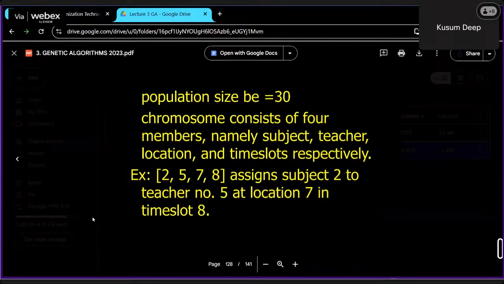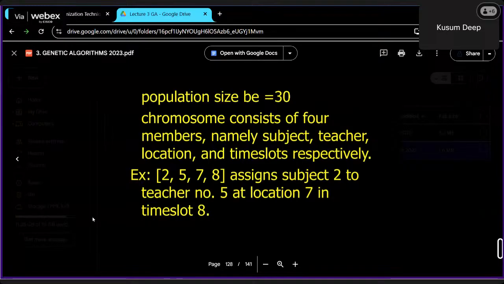So let the population size be 30. So we can define the chromosomes as a four tuple, four members, namely subject, teacher, location, and time slots.